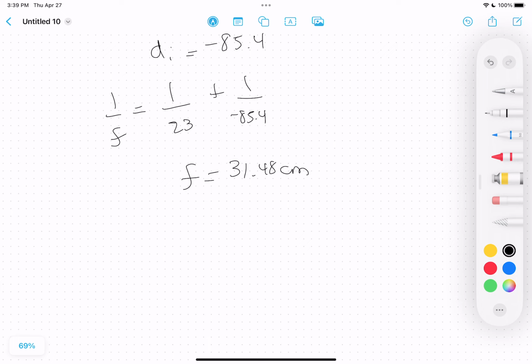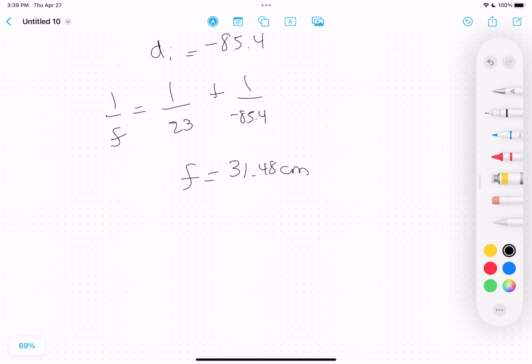Looking at the object and the image, do we see that it's been magnified? Has it gotten bigger? Has it gotten smaller? Got bigger, right? So, yep, 31 centimeters.